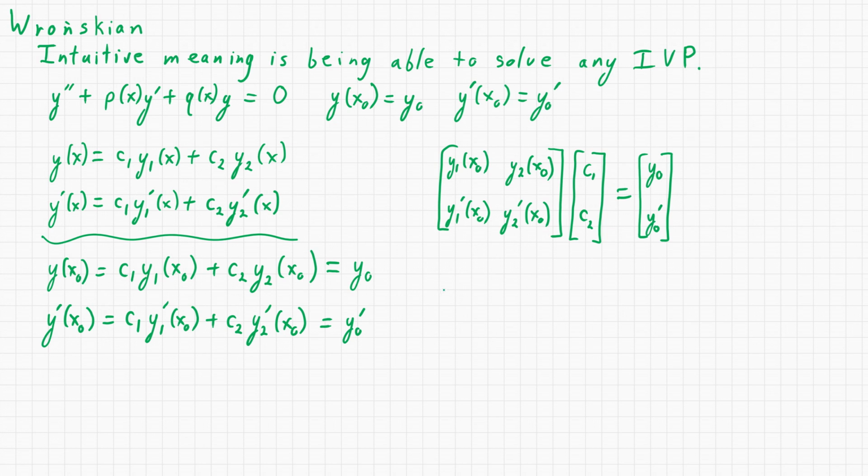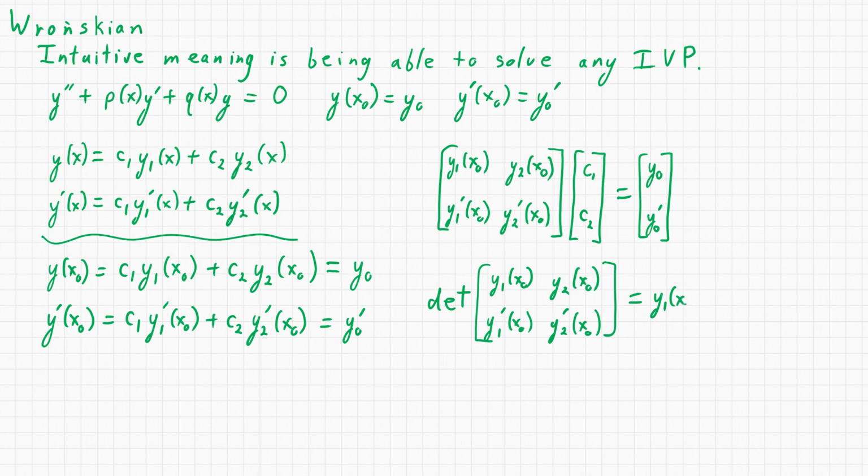Right? So if I take the determinant, sorry, let me write that in print. If I take the determinant of y1 evaluated at x naught, y2 evaluated at x naught, y1 prime evaluated at x naught, y2 prime evaluated at x naught, well, that's going to equal y1 evaluated at x naught times y2 prime evaluated at x naught minus y1 prime evaluated at x naught times y2 evaluated at x naught.